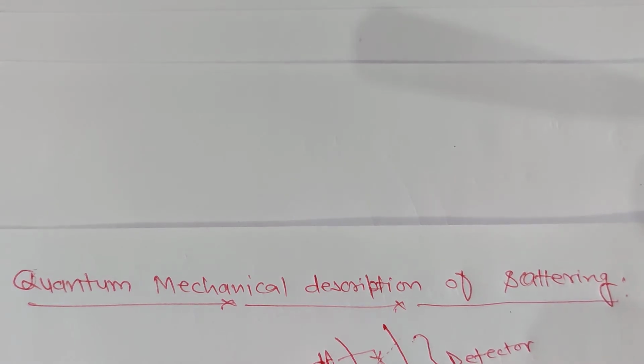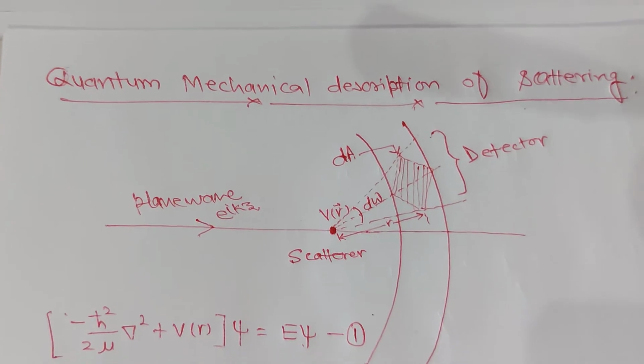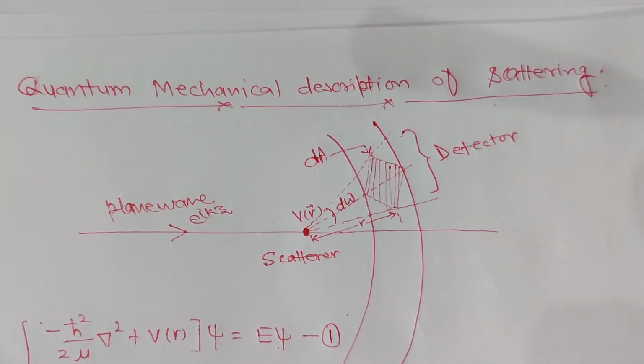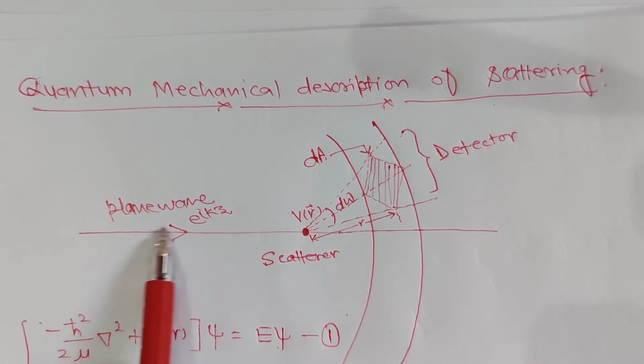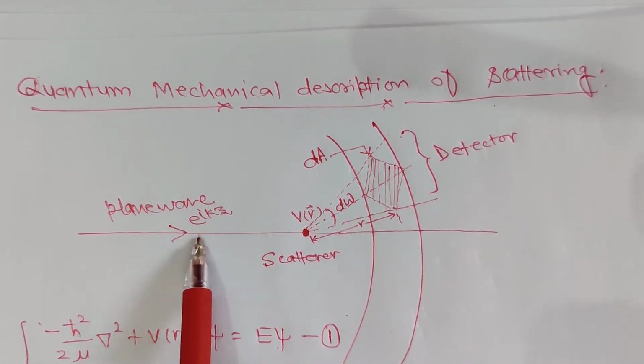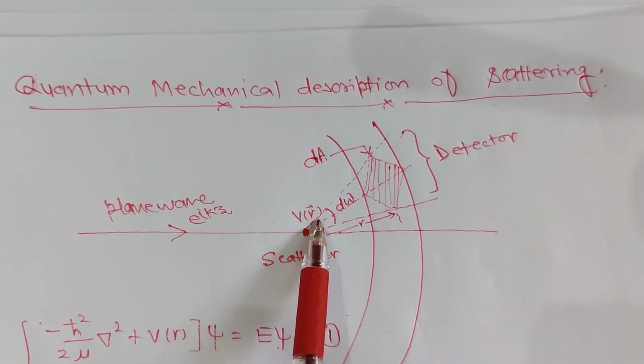Good morning. Today we are discussing the quantum mechanical description of scattering. When a plane wave is incident on a scattering potential denoted by V(r), it is scattered spherically around the scattering center, as shown in this figure. Here you can see the incident wave, that is the plane wave, represented by exponential iota kz, and this is the scatterer having the scattering potential V(r).